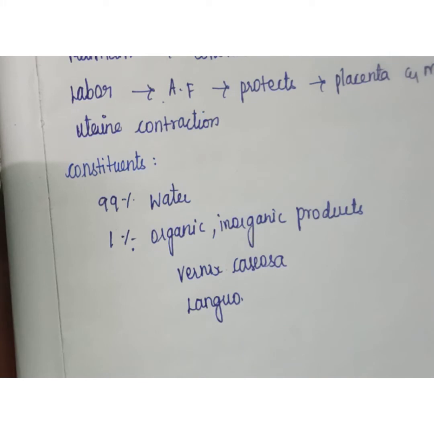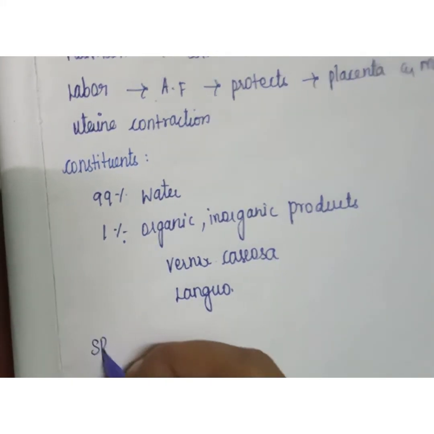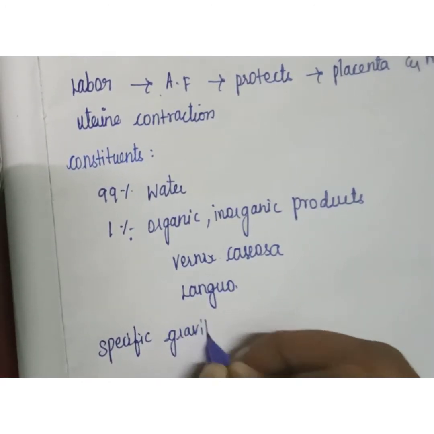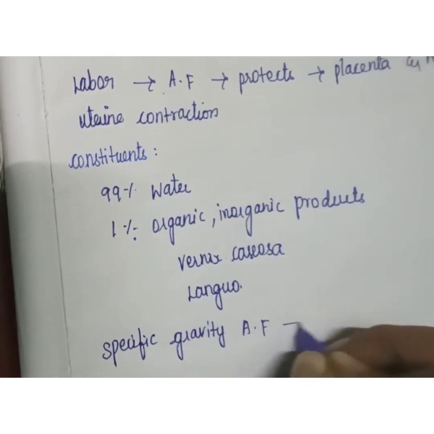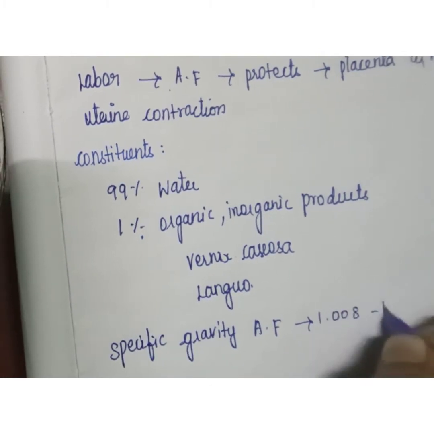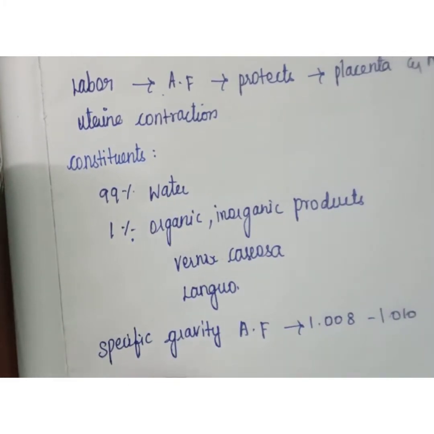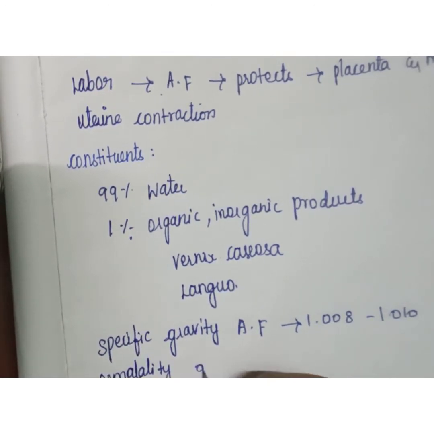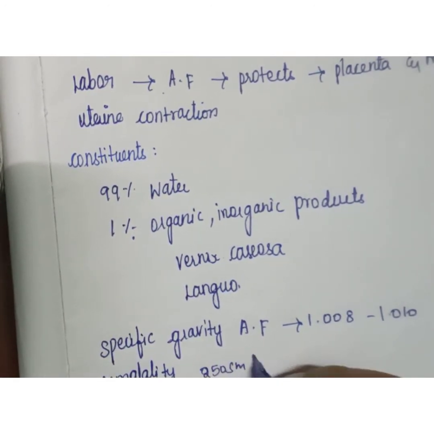Next we are going to see specific gravity. The specific gravity of amniotic fluid is 1.008 to 1.010. The osmolality of amniotic fluid is 250 per liter.